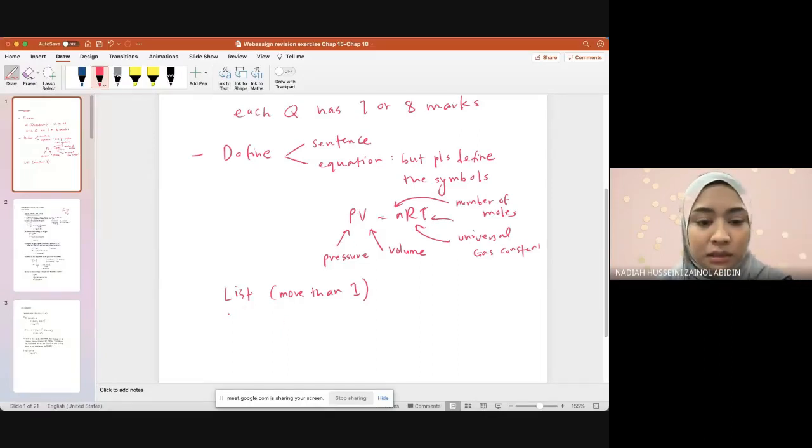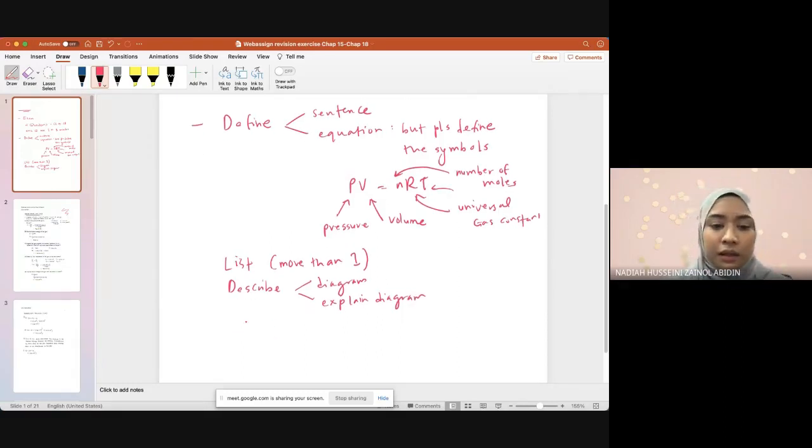And then list, describe, diagram, and explain your diagram. And then there is also define, list, describe, explain, suggest. Suggest how to improve or how to decrease.